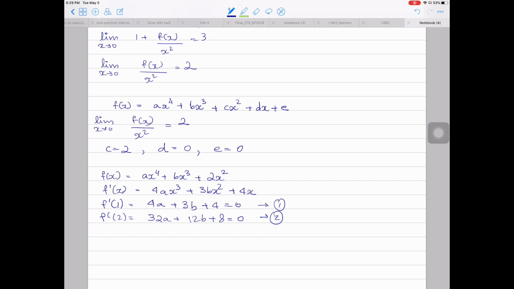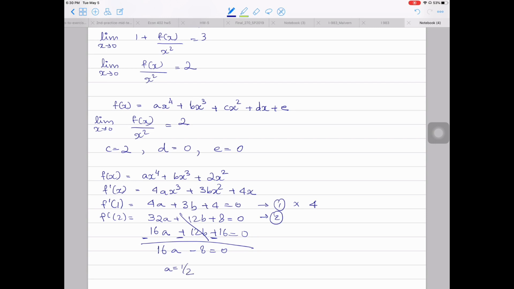And if we multiply the first equation by 4, that will become 16a + 12b + 16 equal to 0. And we can subtract these. The terms having b get cancelled. So we have 16a - 8 equals 0, which tells us that a is half.